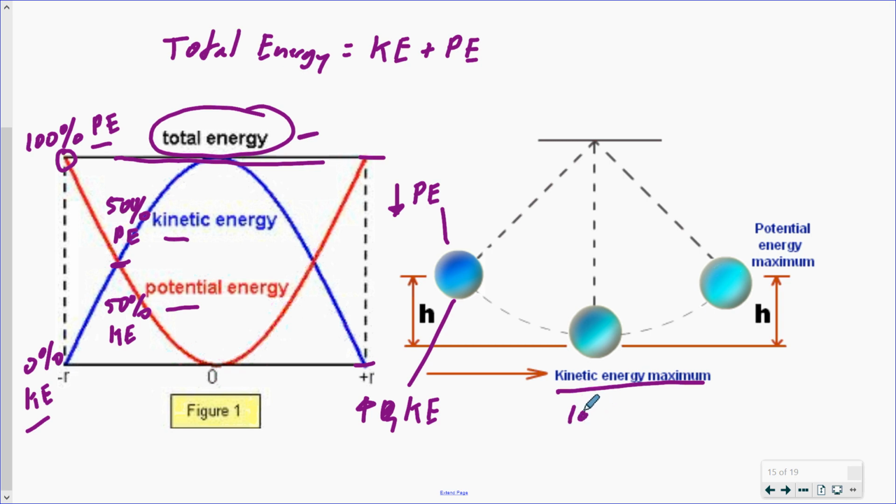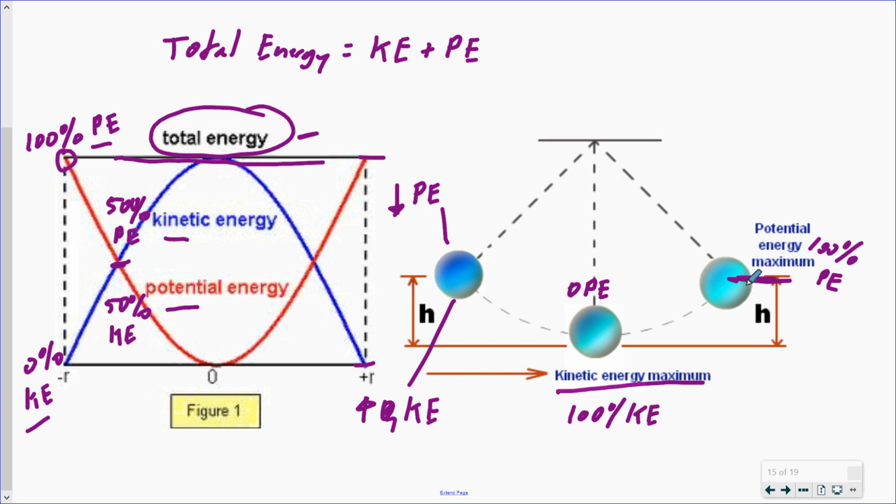It's now moving and we have 100% kinetic energy. This is as low down as the ball can go. We have 0 potential energy. But then it's going to swing back up again. And once it reaches this highest point, we have the maximum potential energy. So we have 100%. All of that kinetic has been converted into potential energy.